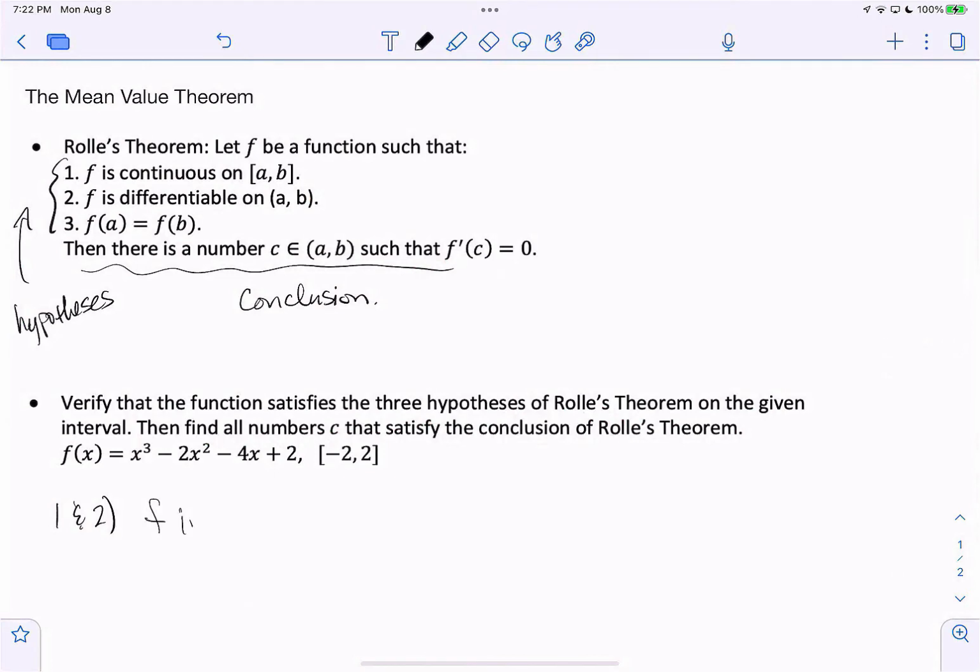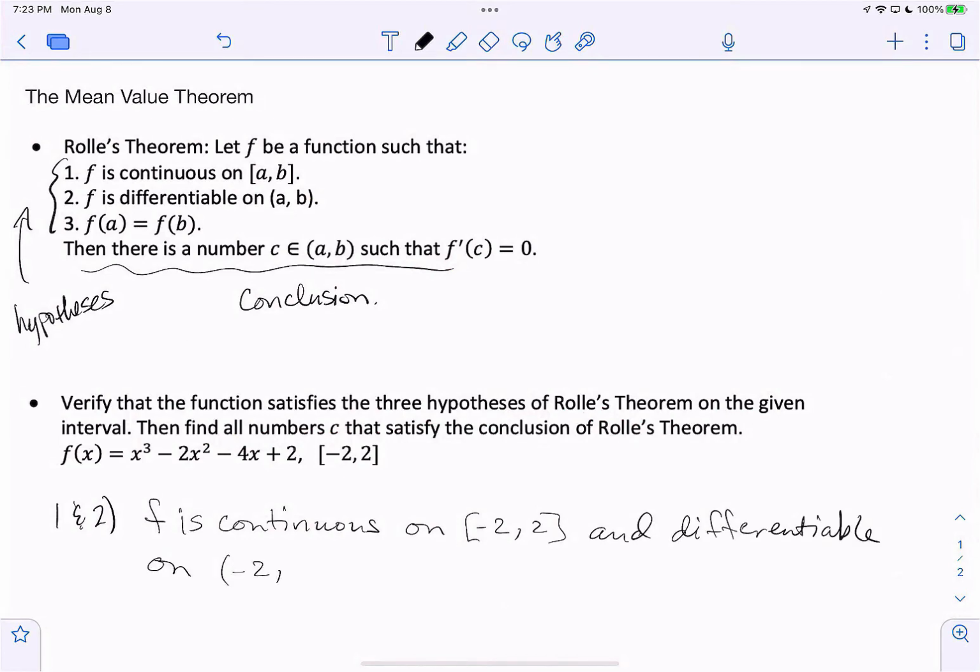f is continuous on the closed interval from -2 to 2, and differentiable on the open interval from -2 to 2, because... So I've said that it's true, but I can't just say it's true. I've got to say why it's true. So I have to speak to f being continuous on the closed interval, f being differentiable on the open interval.